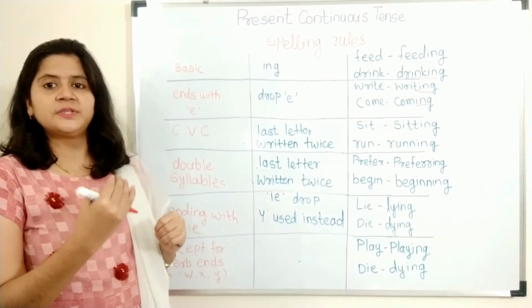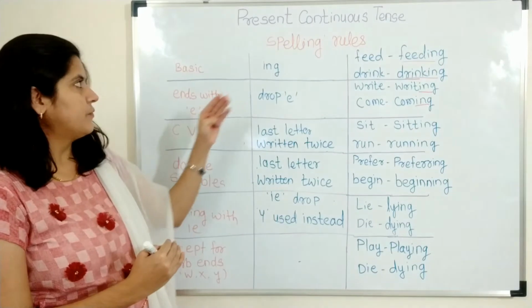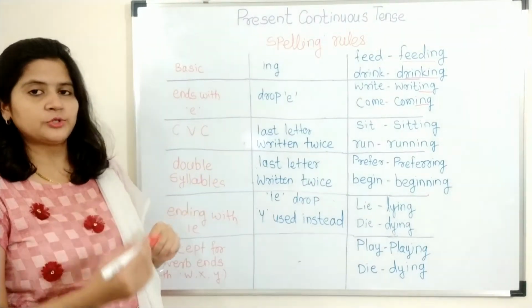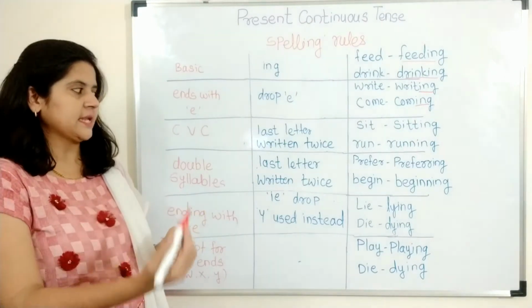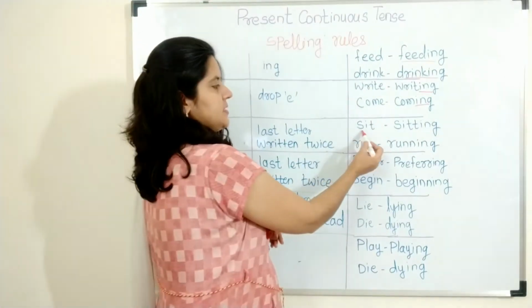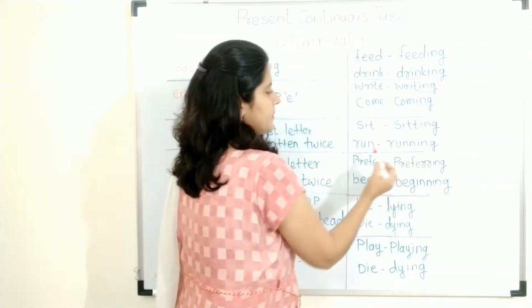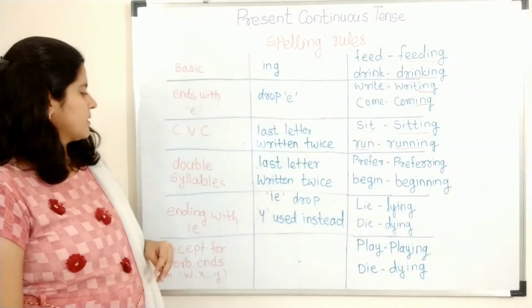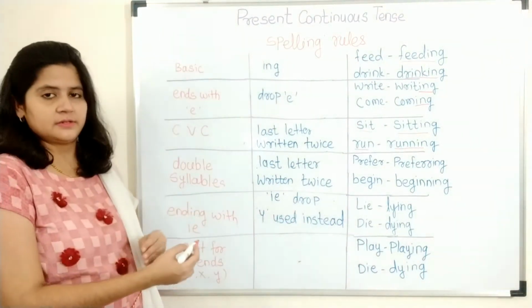Sometimes we use the CVC pattern. In that case, we double the last letter. For example, sit becomes sitting, run becomes running. Then two-syllable words.